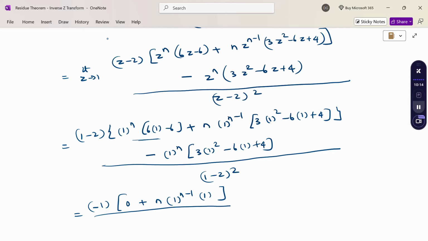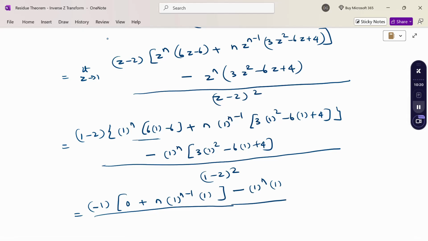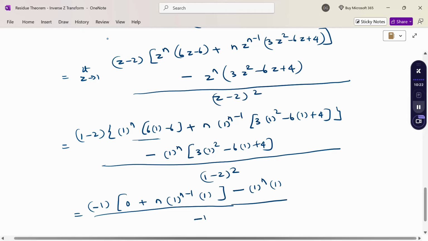Then divided by, and minus this term 1 power n into 1 minus 1 square.